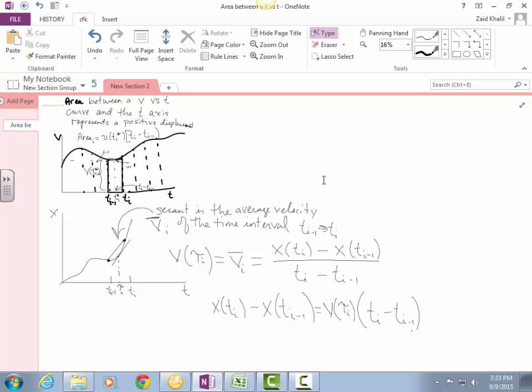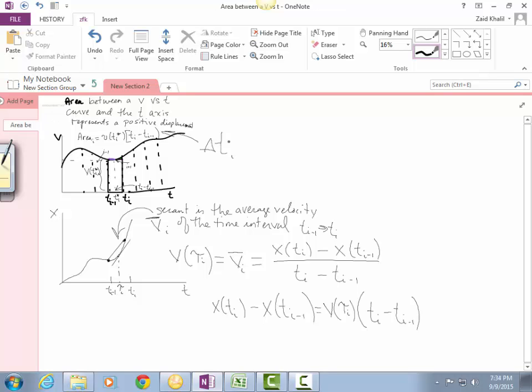And remember, ti star is an intermediate time between ti and ti minus 1. And that's the area of the rectangle. The displacement over that time period is equal to v of tau i times ti minus ti minus 1, which, by the way, is just called delta ti. That's your change in time.